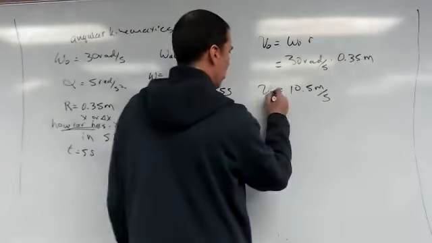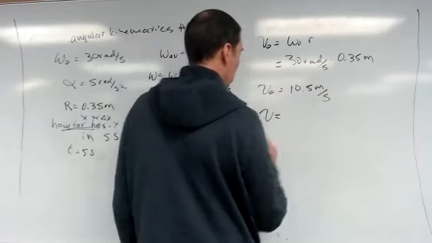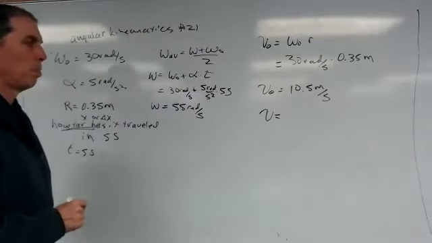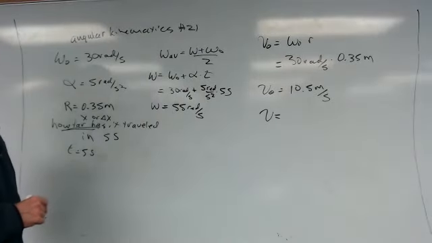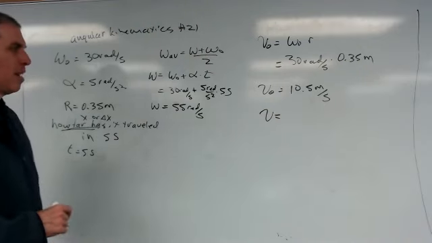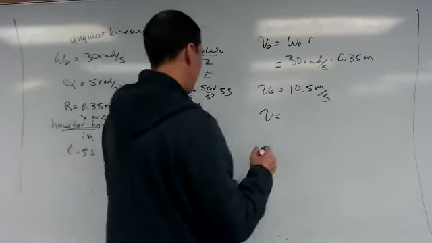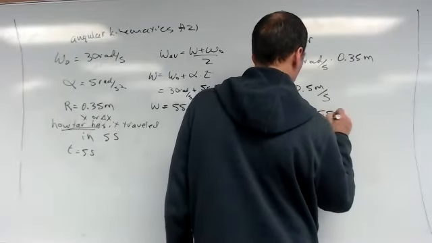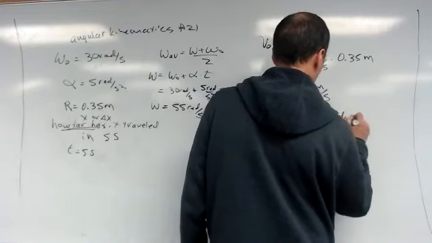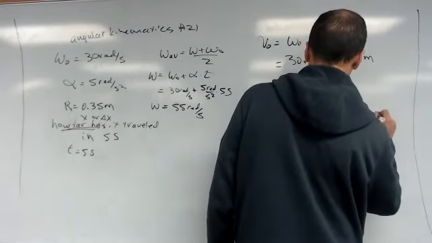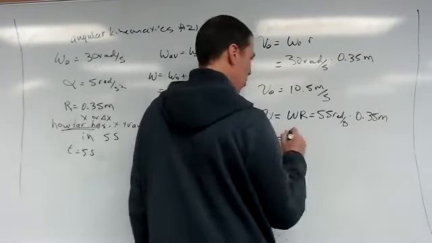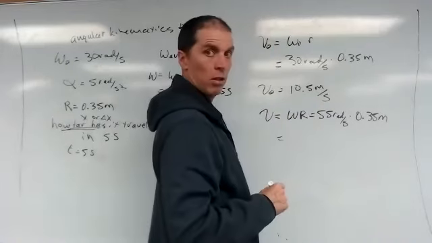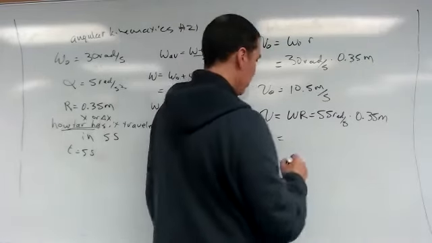What's my final velocity? It's omega times r, which is 55 radians per second times 0.35 meters, which is, I'm going to say, that looks pretty good to me, 19 point something.